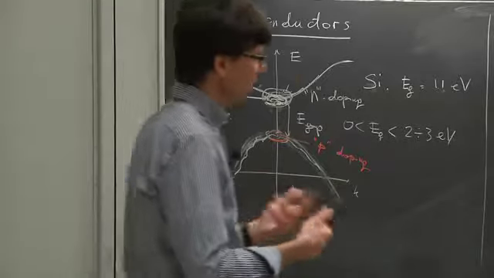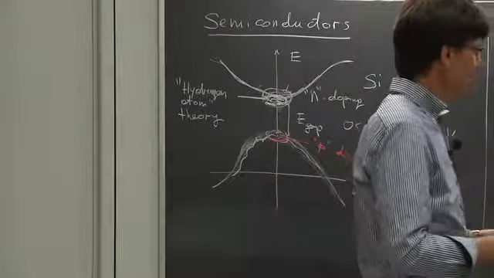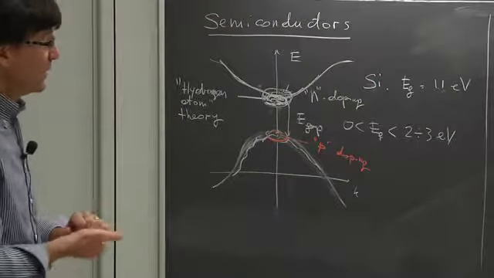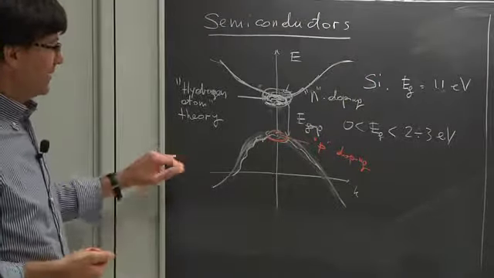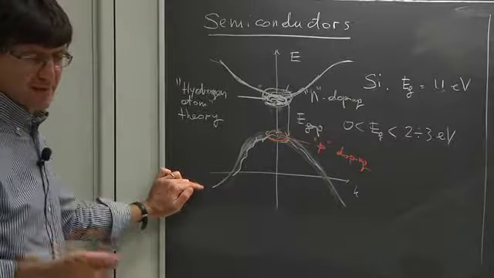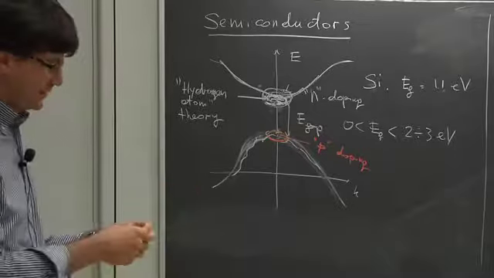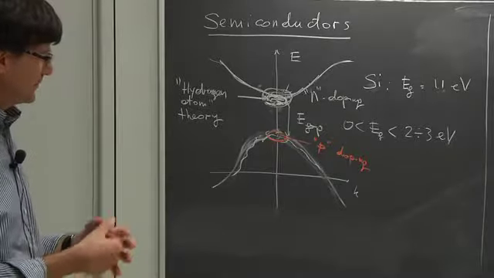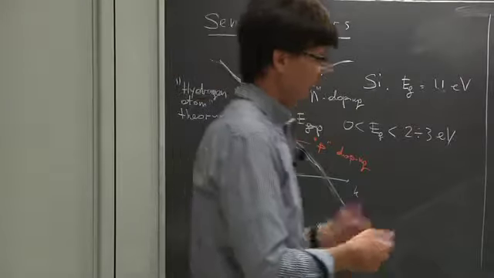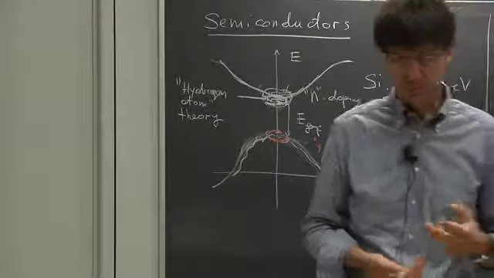You want something that you can play with easily in terms of being able to change concentrations, play with temperature. And also, you need to be able to grow crystals or devices in a mechanically stable way.